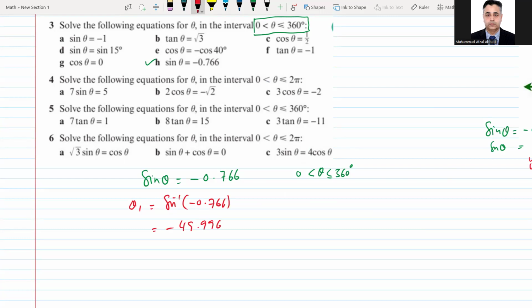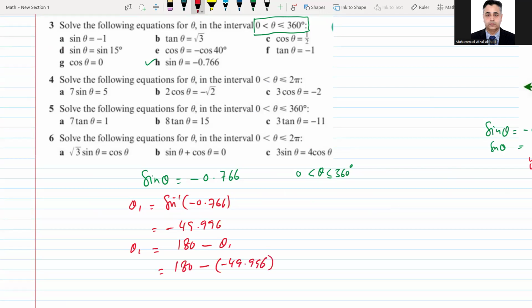So that is how I get the first solution, and then the second solution will always be 180 minus our first answer. The first answer is theta 1. So that means 180 minus negative 49.996. So be careful.